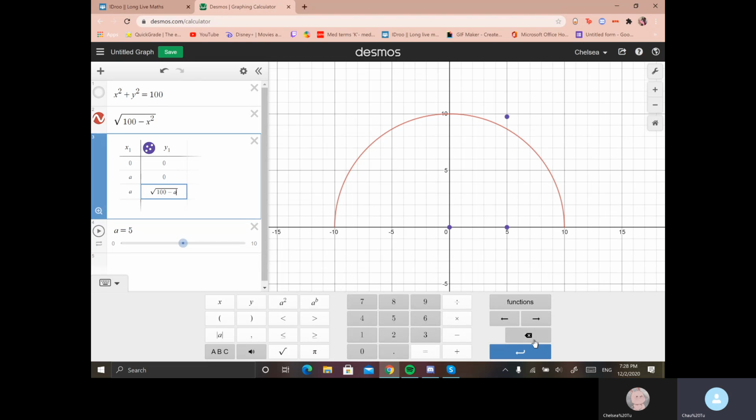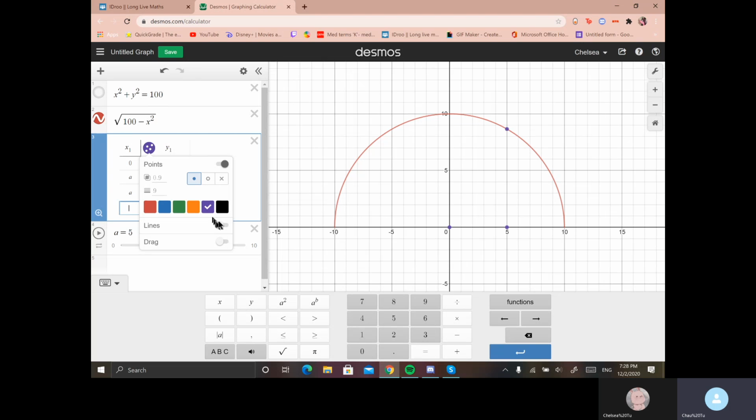Looking good so far. Draw the lines in, Chelsea. Double click on that circle for 2 seconds, and then go to lines.